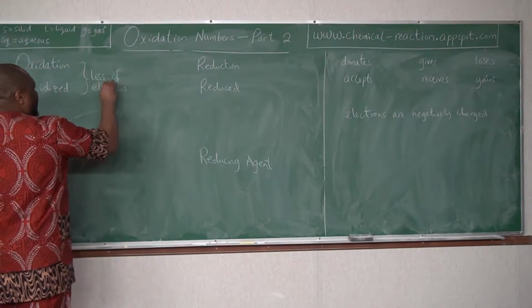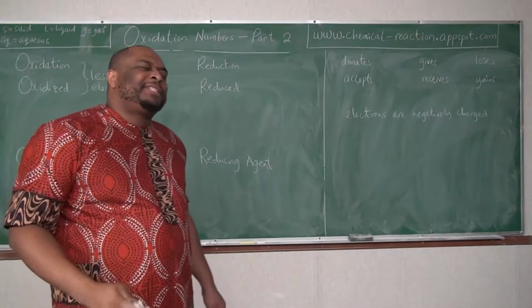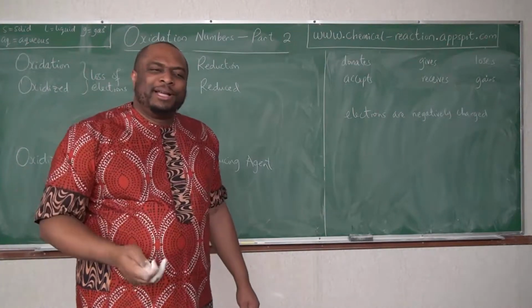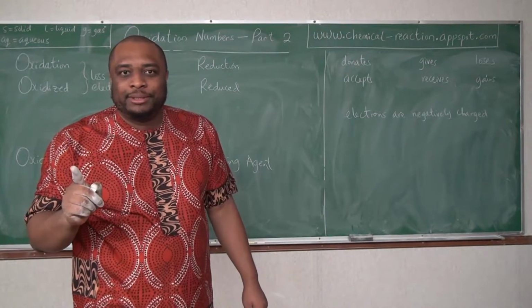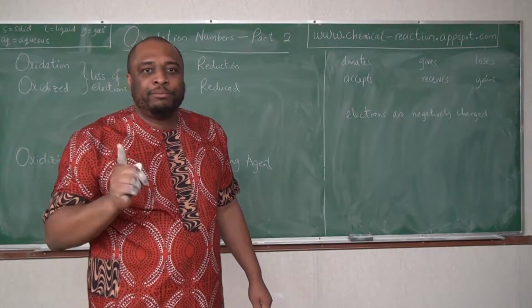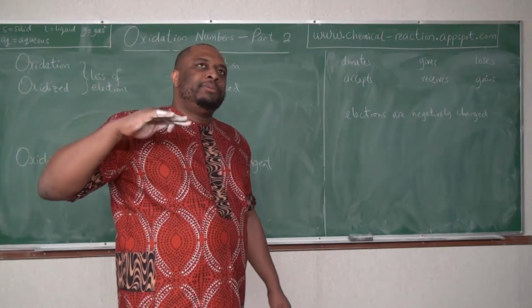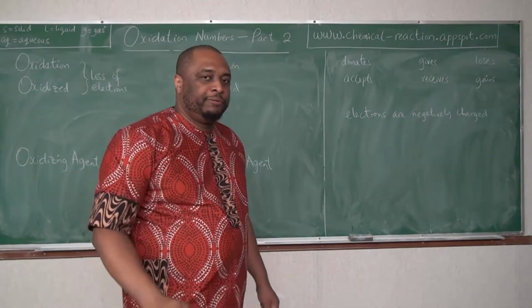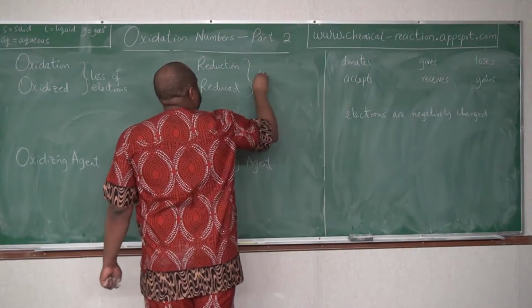And then when you take in the negatives, you know, sometimes bad friends corrupt good morals, and you become reduced. You've gained bad friends. Reduction is the gain of electrons.